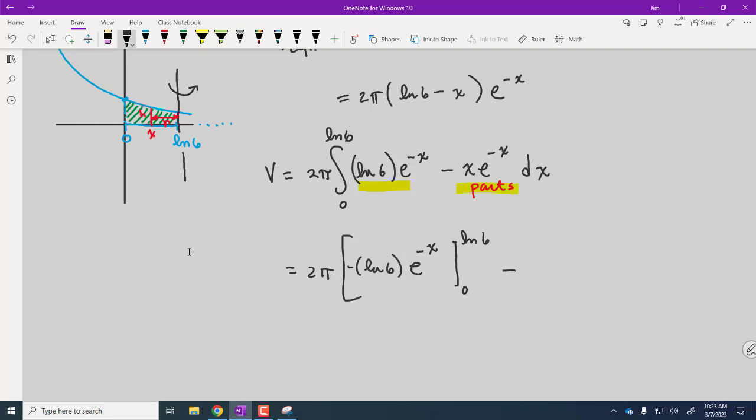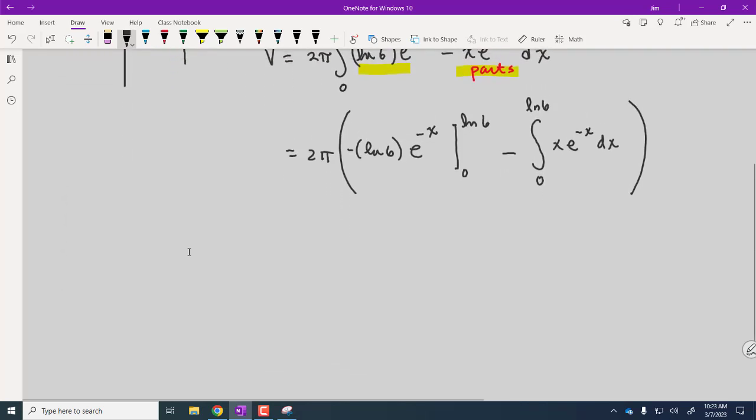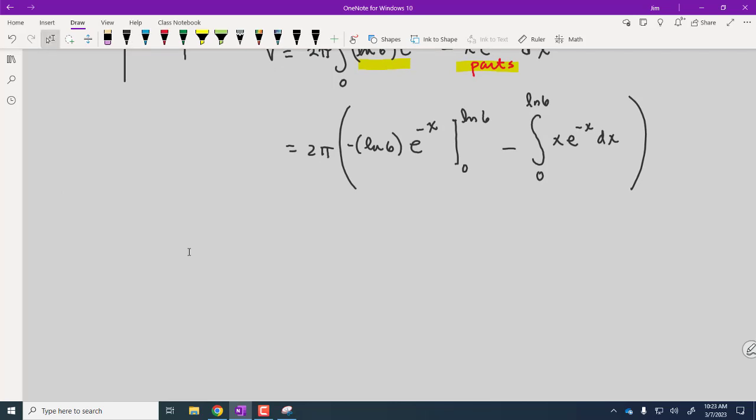And then minus, let's get the integral symbol over here, and then we'll do this integration by parts separately. So we have x e to the minus x dx. And then I guess we could use a parenthesis here instead of a bracket. All right, so that's where we're at.